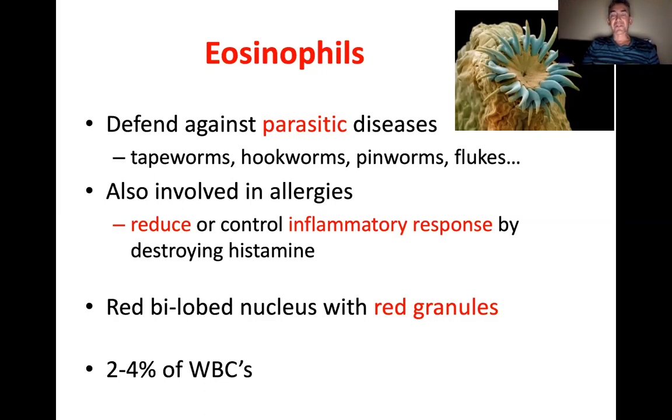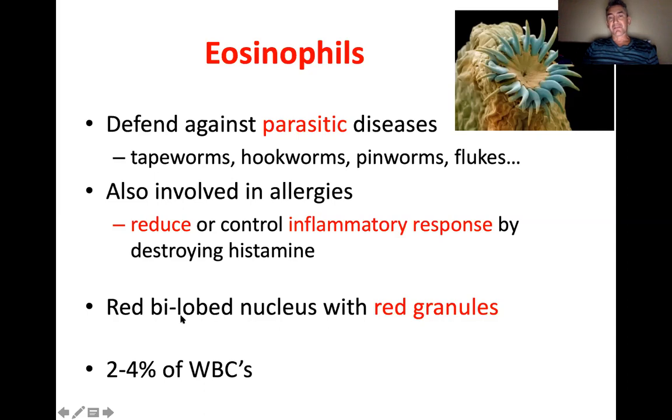So that's important. It's going to make you feel better, right? It's going to make you not have all the allergic reactions, the inflammation, and trying to get rid of that infection there. So these are also polymorphonuclear, but only with a bilobed nucleus.